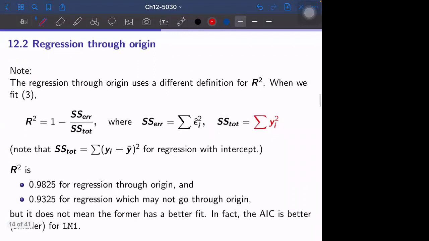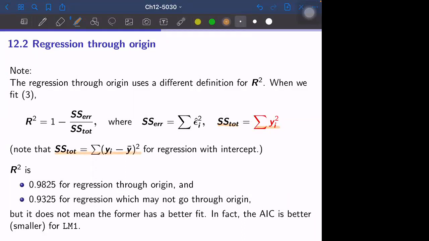Why does this happen? One reason is that adjusted R squared isn't necessarily consistent with AIC, but also adjusted R squared for regression without the intercept is pretty different in terms of the definition. If we require the regression to go through the origin, then SS total is the summation of yi squared.